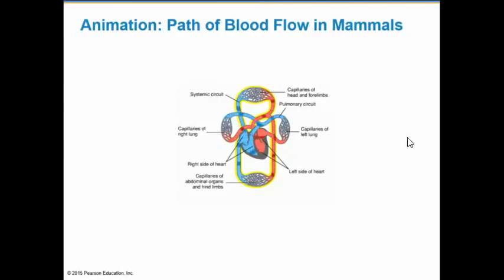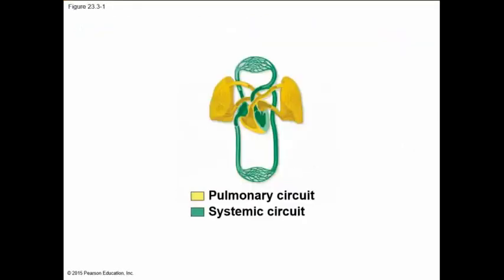This pattern, called double circulation, ensures vigorous blood flow to the organs because the heart pumps the blood a second time after it returns from the lungs. In this diagram here, this illustrates both the pulmonary circulation and systemic circulation of the typical vertebrate, in this case, humans.